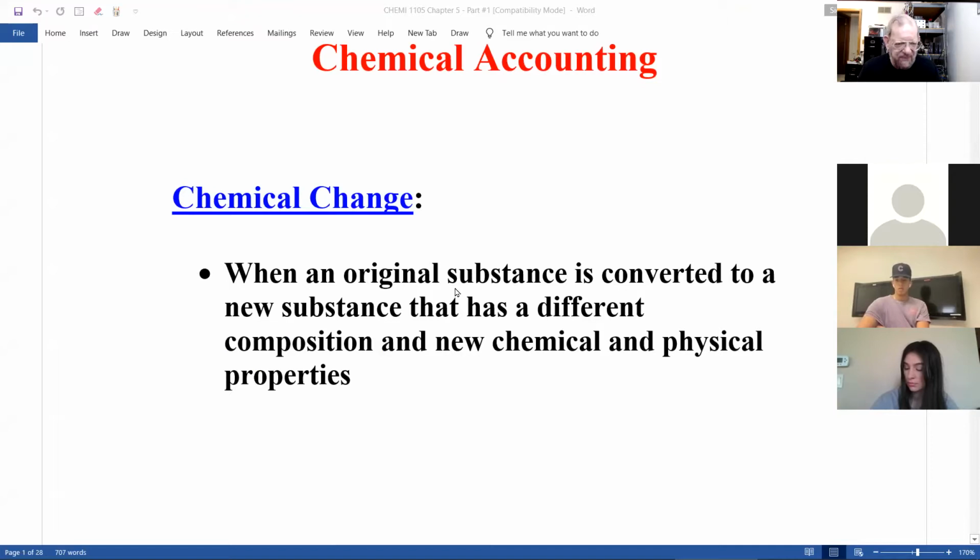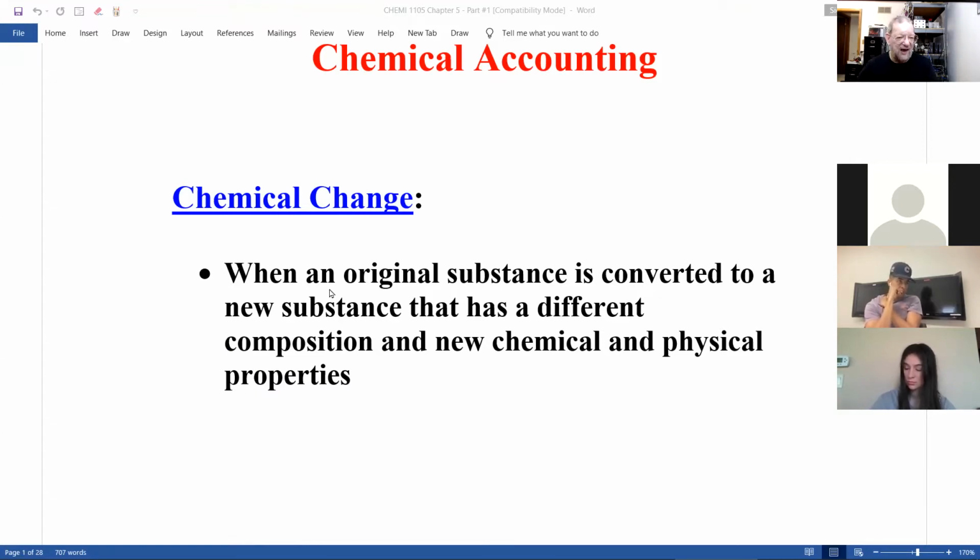Now, when we talk about chemistry, the fun part is a chemical change, or as we sometimes call it, a chemical reaction. I'll never ask you what's a chemical change, but I'll talk about it. So you should know that's when an original substance is converted to a new substance that has different composition and new chemical and physical properties.